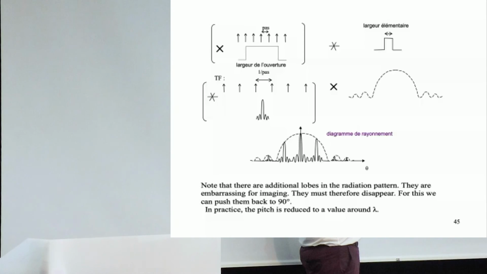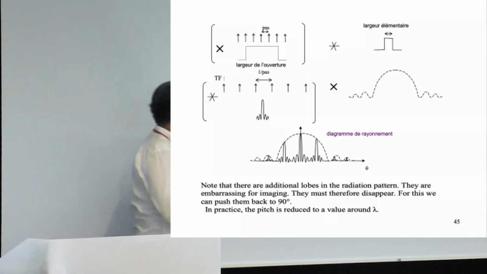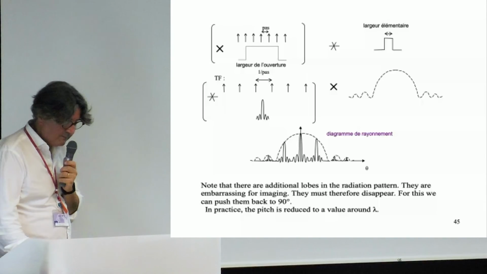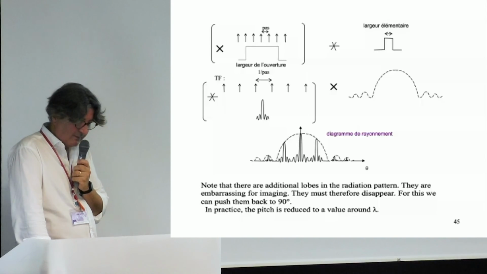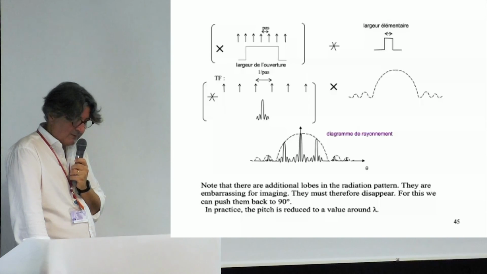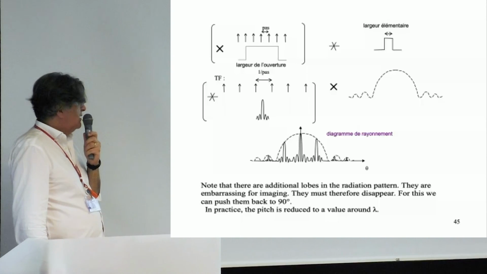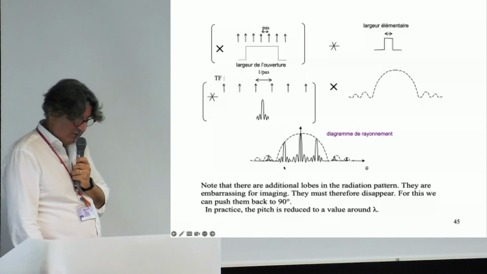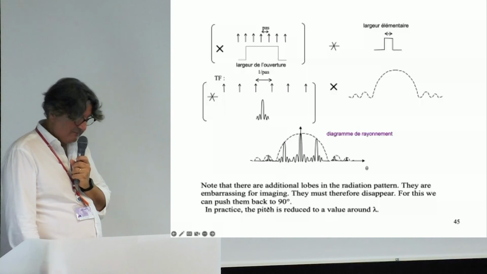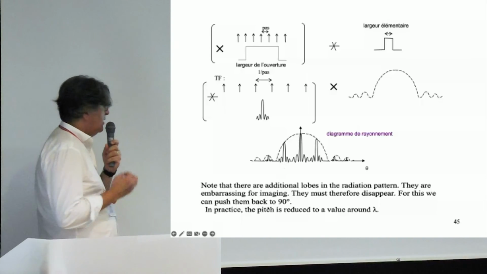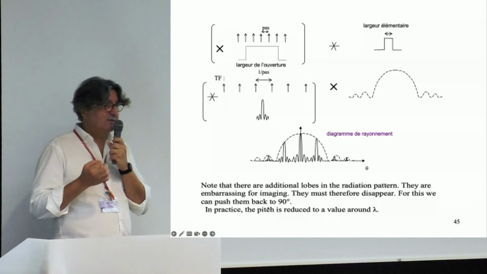So what you will do is try to reject these side lobes very far, not to see them. And this is what is written: we want to push them back to 90 degrees. Okay, how do we manage this?